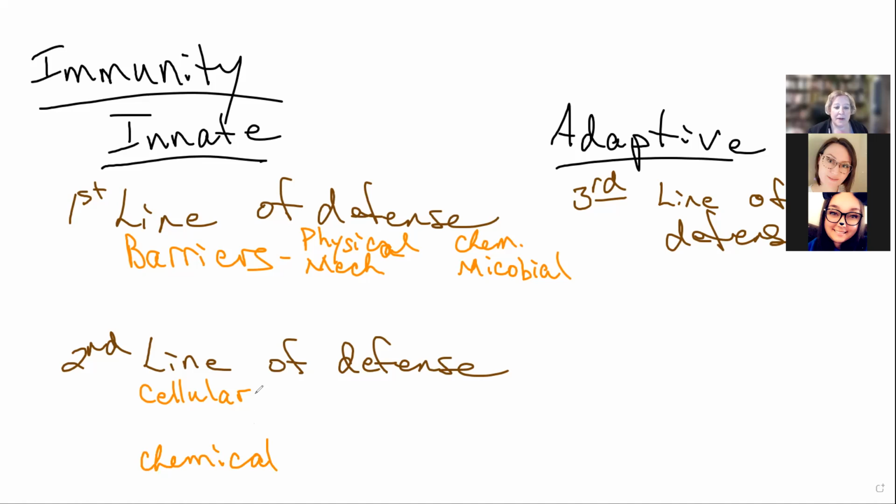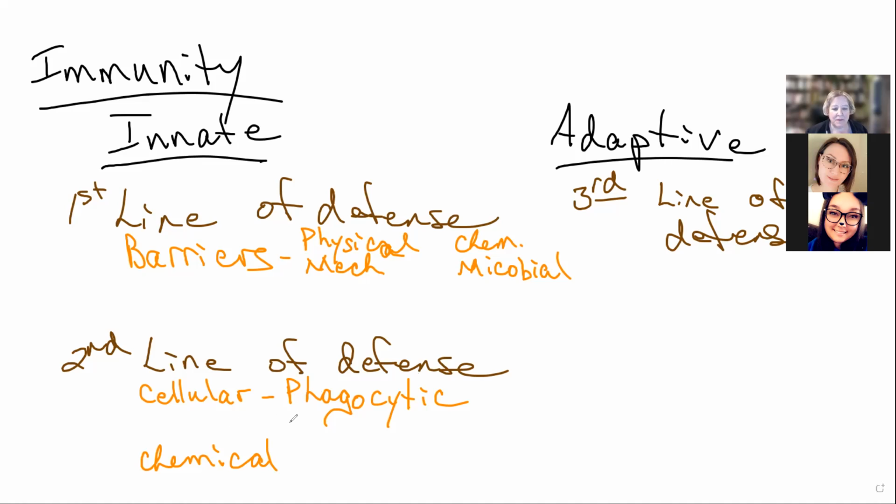But because repetition is the key to learning, there are certain cells that act as the second line of defense. We have phagocytic cells, cells that can wrap their membranes around the pathogen and swallow them down.